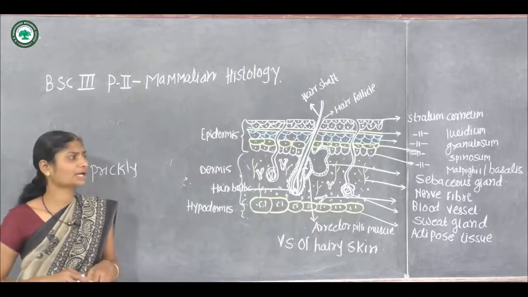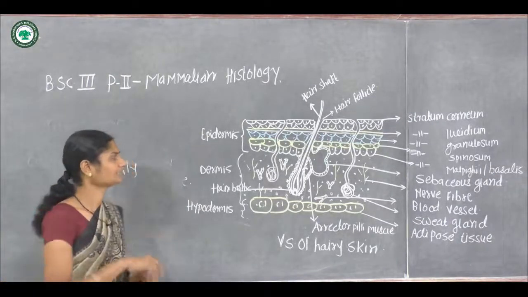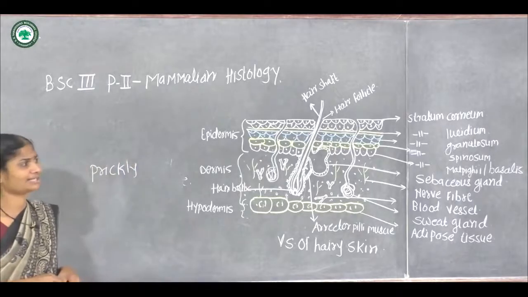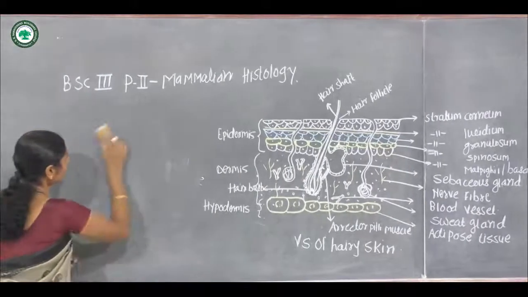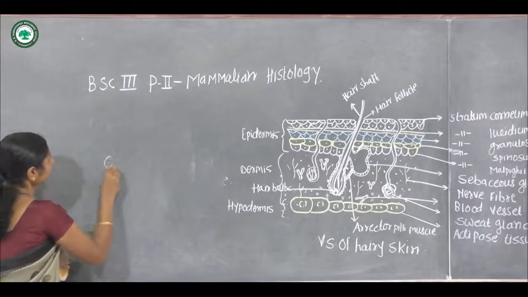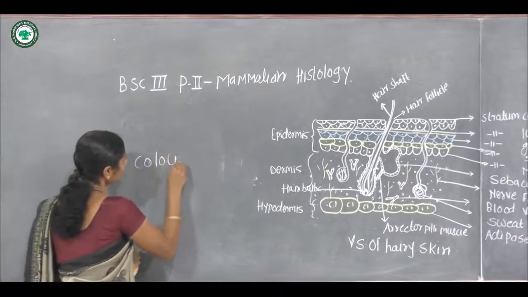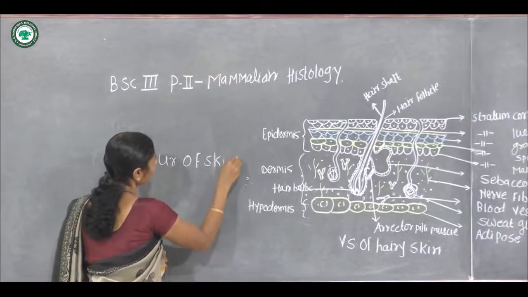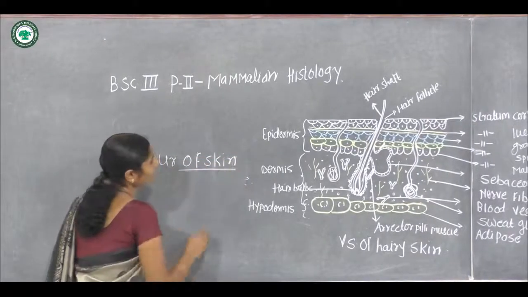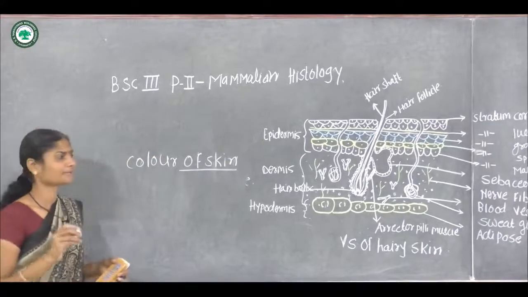Next, color of the skin. This shows different layers in the skin. The color of skin is due to the presence of melanin pigment in the skin.